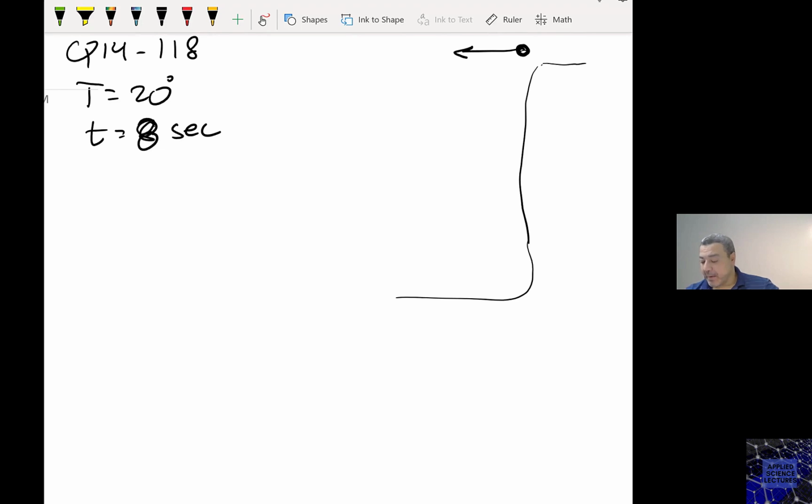Okay, so if we assume our coordinates are x and y this way, then tossing the stone horizontally means that vertically the speed was 0.